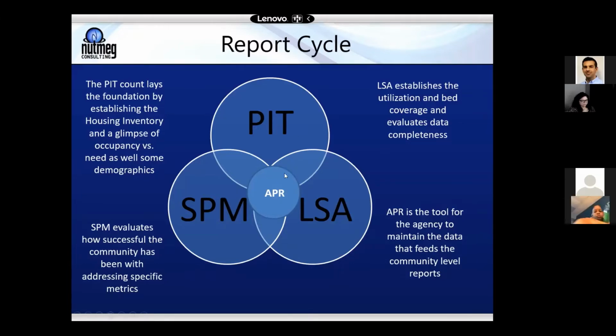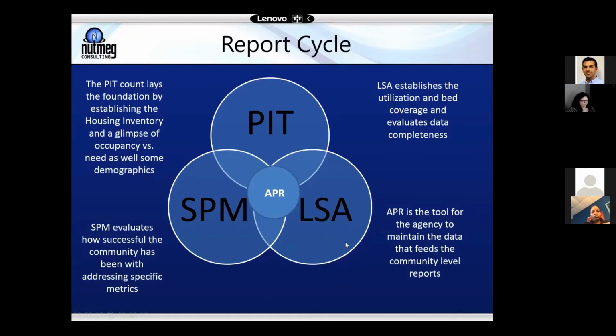So this is where the number of people you serve and your entries and exits, that's where they will impact the PIT process, making sure that if you are funded for 10 beds, that over the course of the year, you've served at least 10 households, whether that's individuals with children or individuals without children.